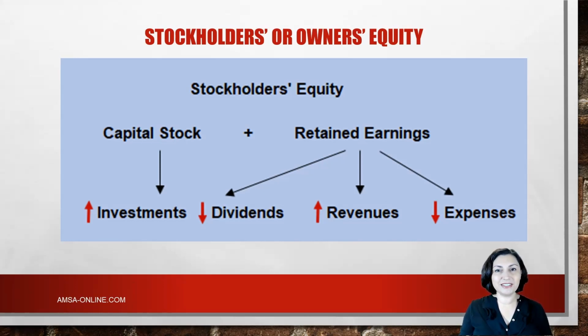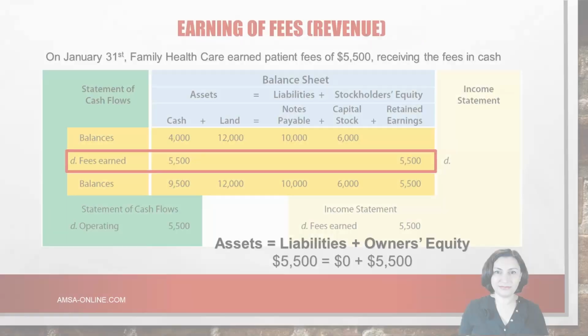Dividends and expenses decrease retained earnings and shareholders' equity, and therefore have the opposite rules. They are increased by debit and decreased by credit. Revenues increase retained earnings and stockholders' equity. Revenue is increased by credit and decreased by debit.